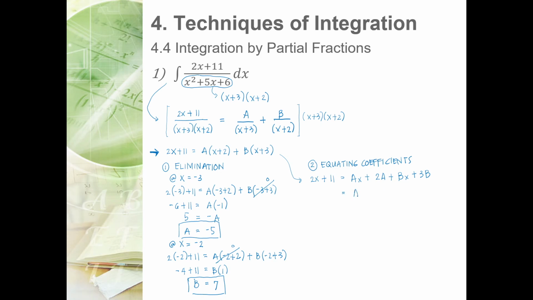So this would be ax plus bx, and then 2a plus 3b.